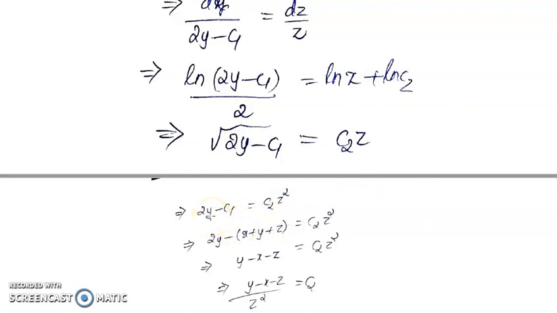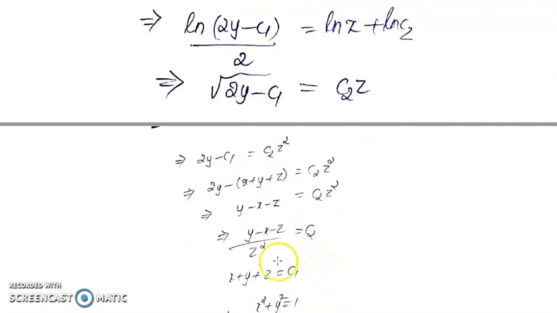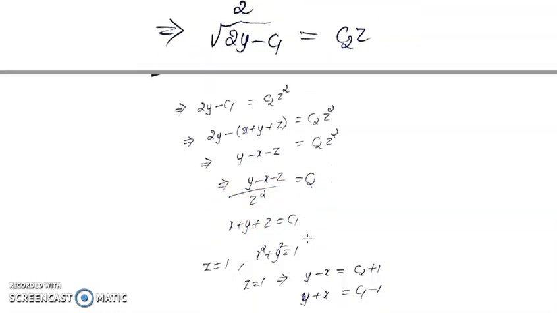So 2y minus c1 equal to c2 z square. Now replace for c1. That gives the second solution as (y minus x minus z) by z square equal to c2. So these are the two solutions: (y minus x minus z) by z square equal to c2 and x plus y plus z equal to c1.